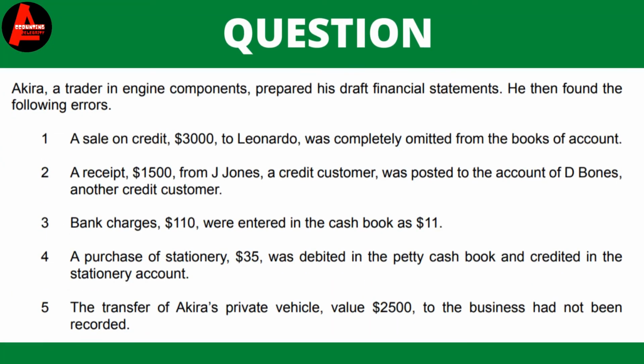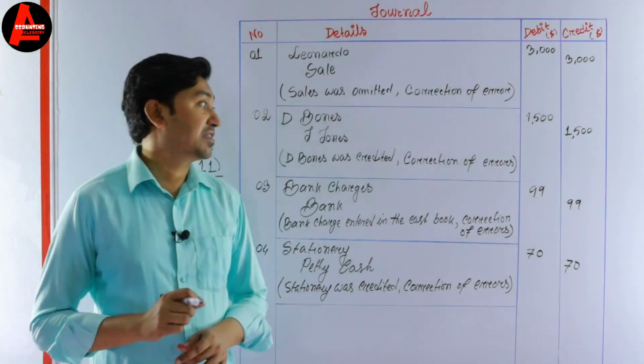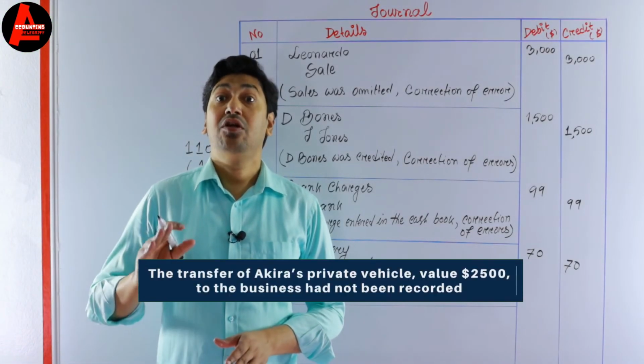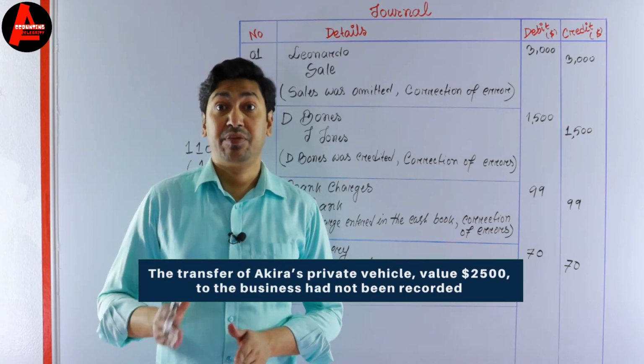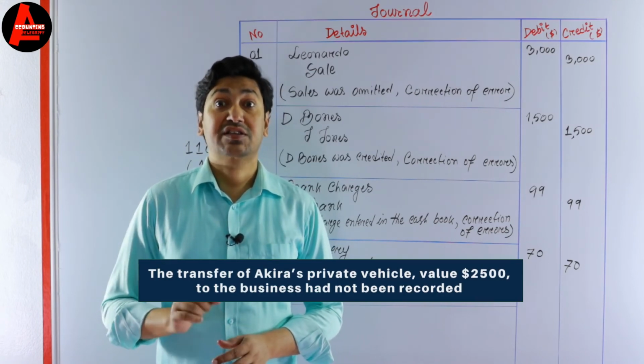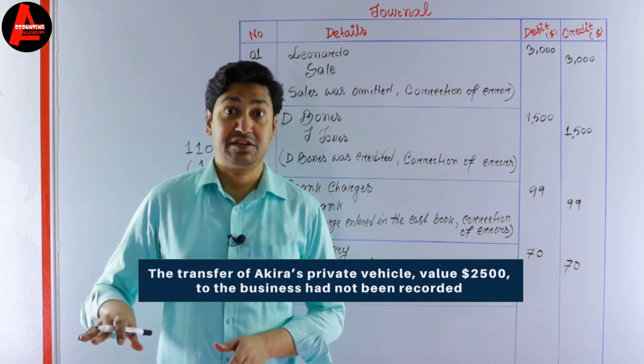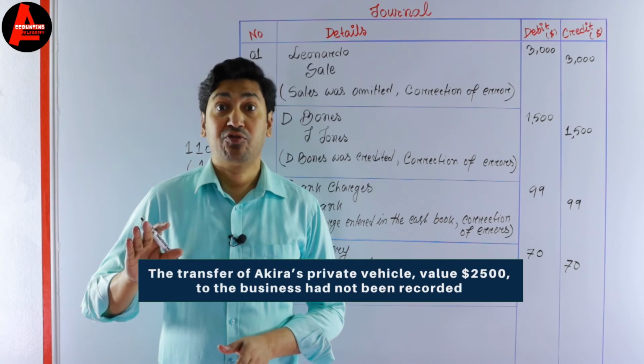The last one, number 5. The transfer of Akira's private motor vehicle value $2,500 to the business had not been recorded. That means the motor vehicle, an asset, is given to the business. When the owner gives something to the business, what is it called? It is called capital. That means Akira gives some capital to the business, so capital will be credited.